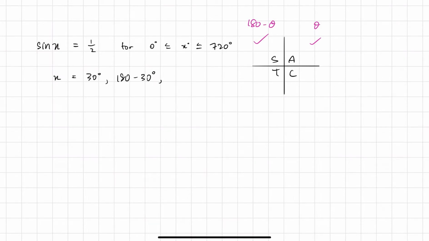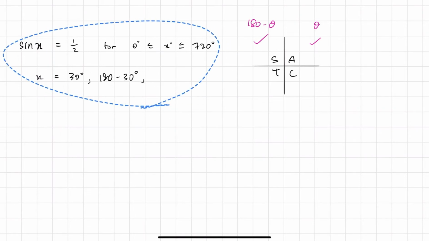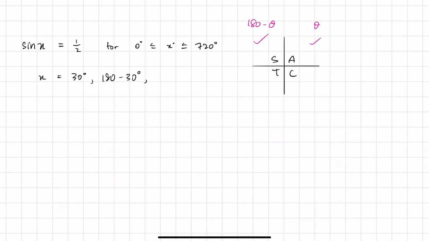Just for the sake of writing it kind of perfectly for each line, I'm just going to write 30 degrees plus 360, so that's that first angle plus 360, and the second one plus 360. And so we should have these answers.